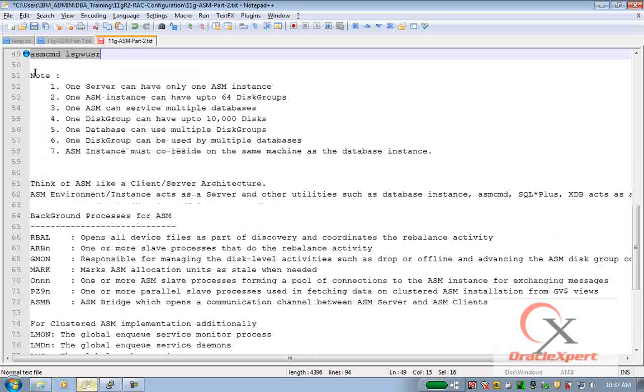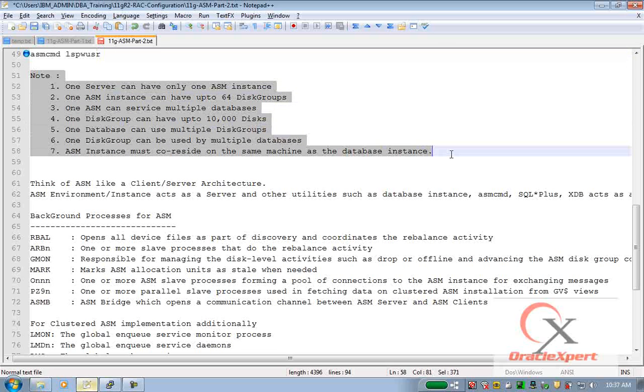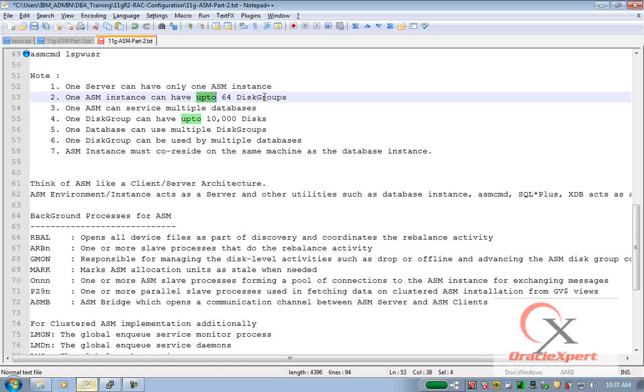Now some of the important points you may want to note. One server can have only one ASM instance. One ASM instance can have up to 64 disk groups. One ASM can service multiple databases.